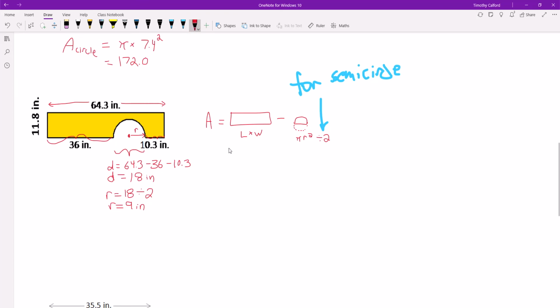So let's see what these numbers would look like here. So we could do this in one line if we wanted to. We could say length times width. For the big rectangle, it's an 11.8 by 64.3.